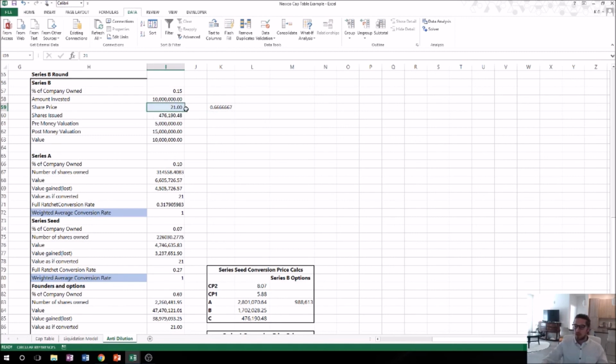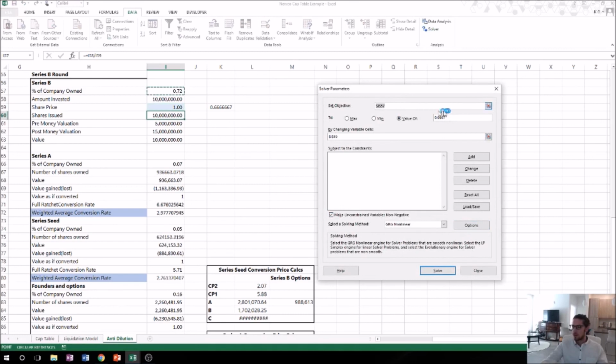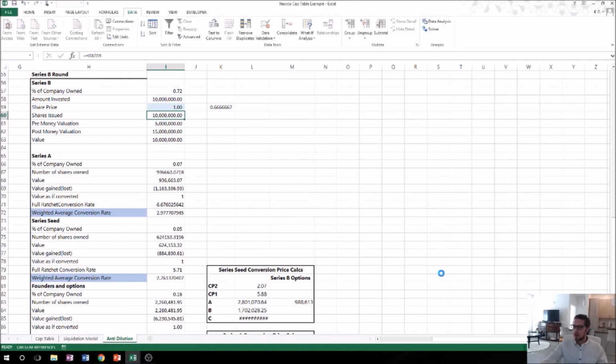So instead, go ahead and manually change that share price to 1, and then run solver, set to the same variables, and it should give you a correct answer of $1.45. Takes less iterations. It can actually do that within the default settings of the program. So we know that it's $1.45.